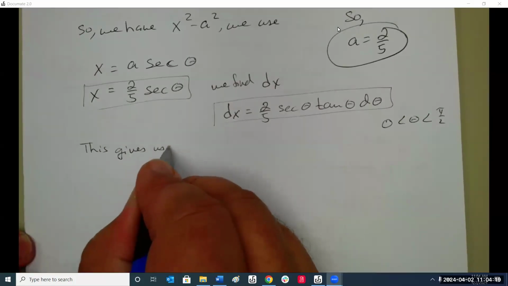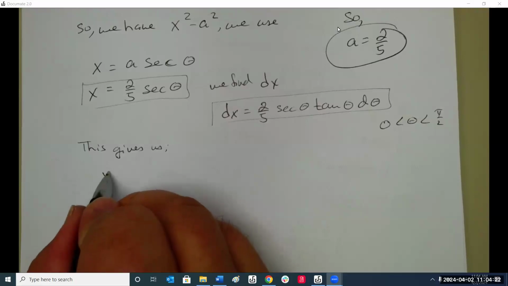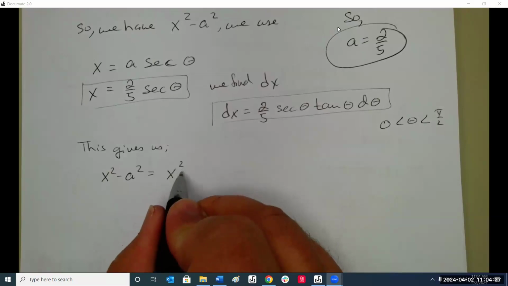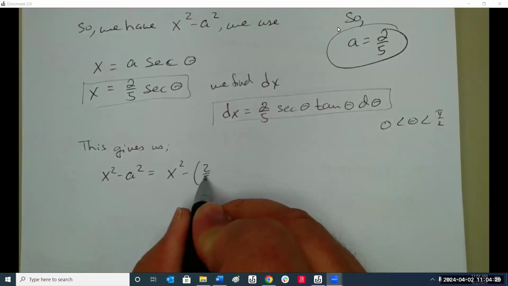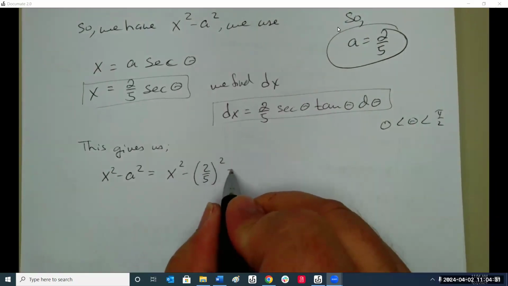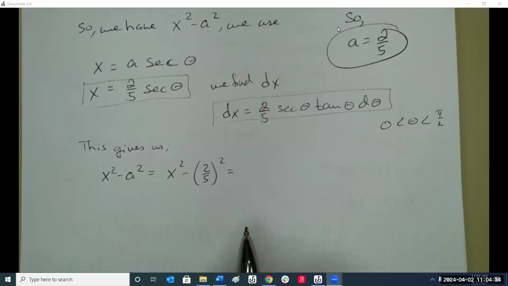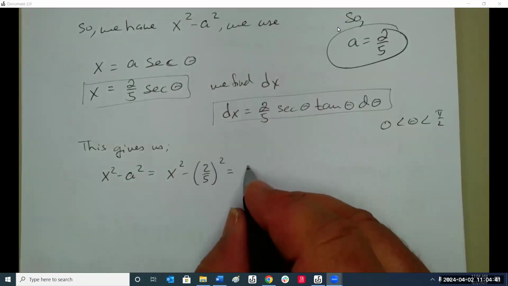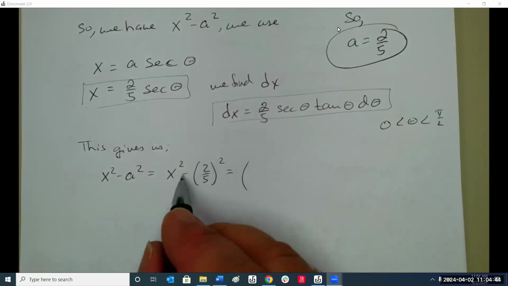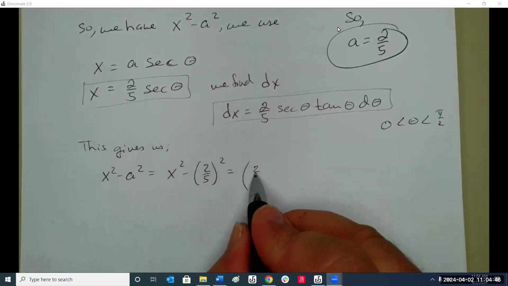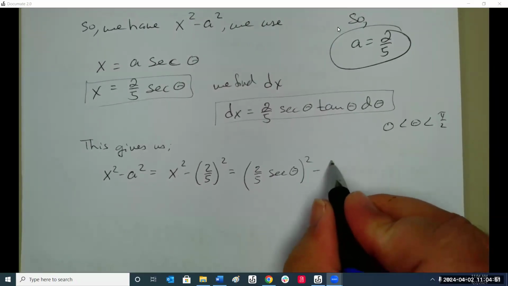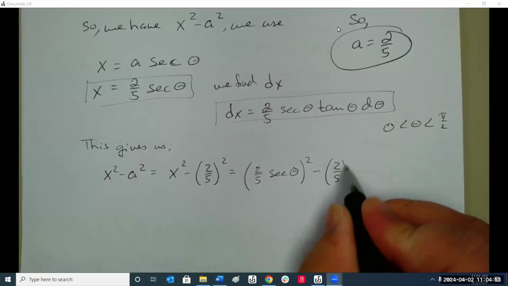This gives us x squared minus a squared equals x squared minus 2/5 squared. Is equal to x is 2/5 secant theta squared minus 2/5 squared.